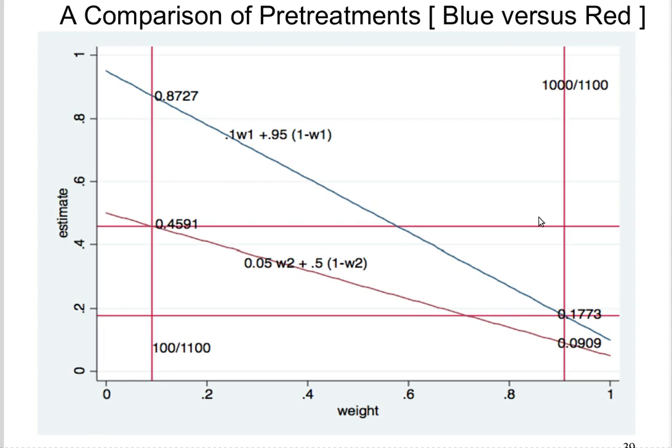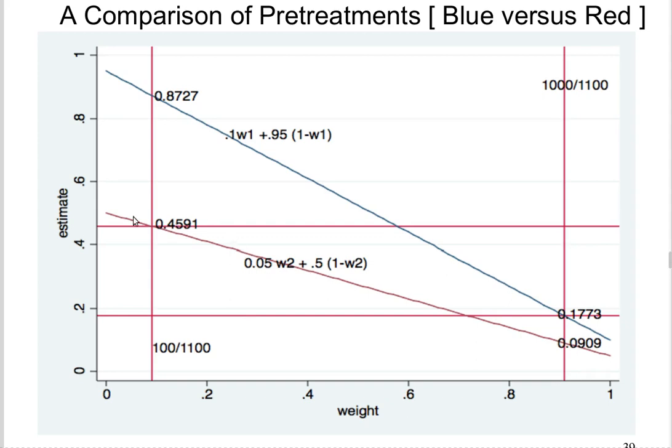Now, what are the actual parts to this display that come from the data at hand? Well, see if the pointer enables you to see this. We've got this number here, 0.4591, and this number here, 0.1773. The first one referring to pretreatment 1, the second one referring to pretreatment 2.